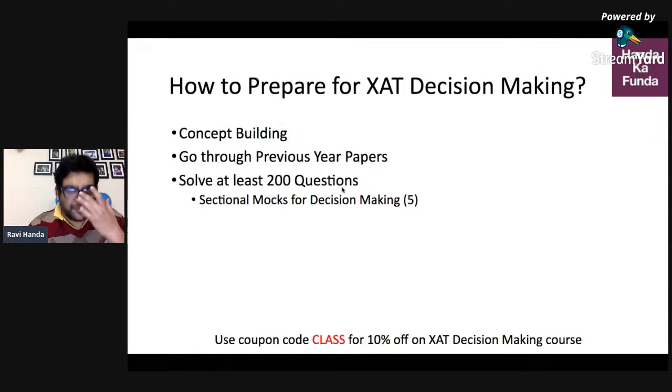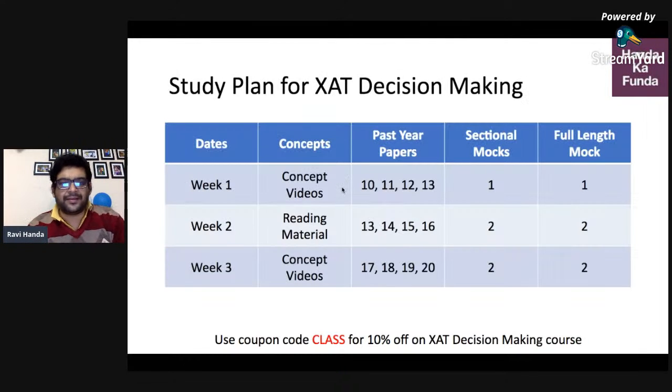Now, where to get those 200 questions? Sectional mocks. Our course has 5 sectional mocks for decision making. That should give you a certain idea. Full length XAT mocks. We have 5 full length XAT mocks. That's also something that you should take, either ours or from anywhere else.